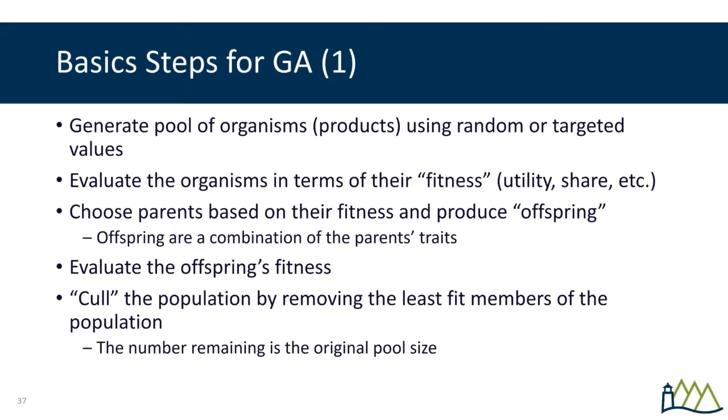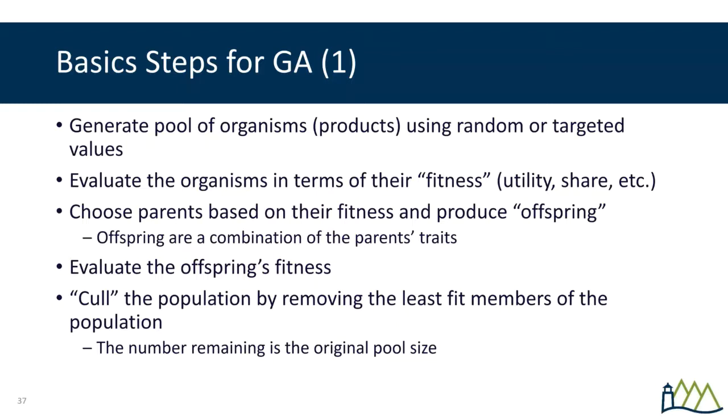So keeping with this theory of Darwinism and evolution, we generate a pool of organisms, and we can do this within Sawtooth Software's Choice Simulator, either using random or targeted starting points. And then of that pool of organisms, we figure out who's the most fit, either based on utility or share, and then we choose those most fit organisms to then produce offspring, and offspring are going to be a combination of the parent organisms.